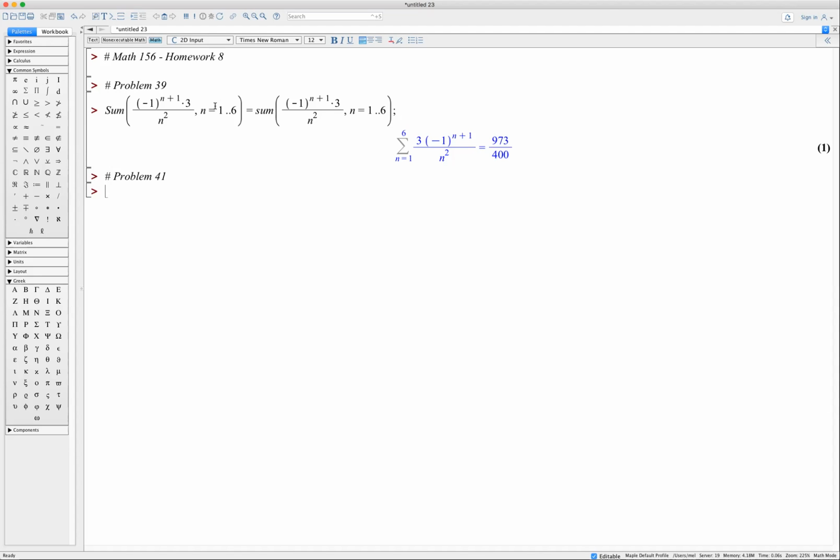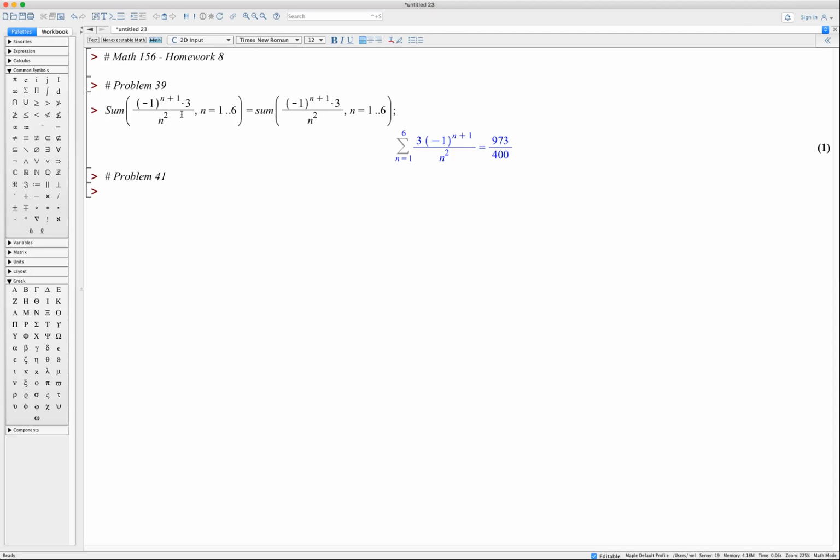It says that this is an alternating series. Of course, the terms go plus, minus, right? And it converges because these terms are getting strictly smaller in absolute value and going to 0.